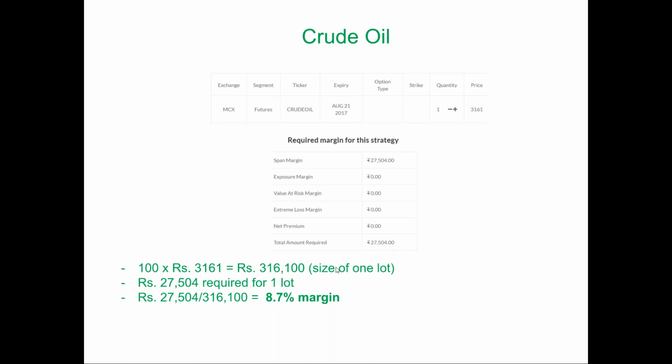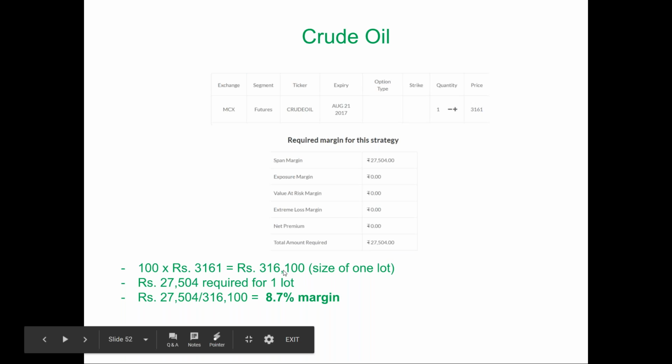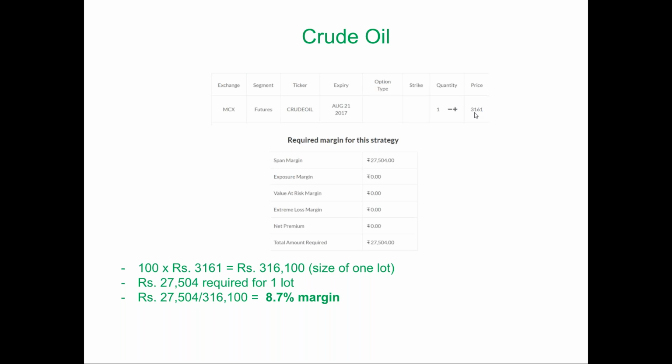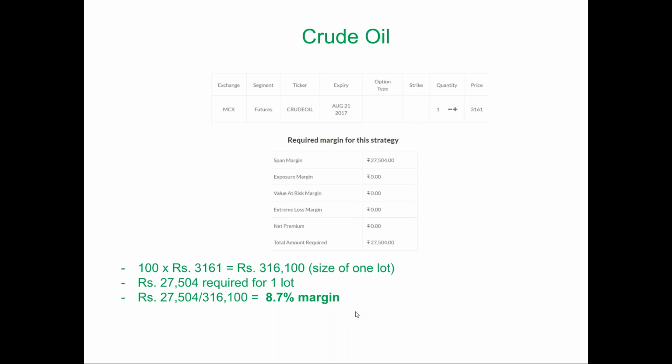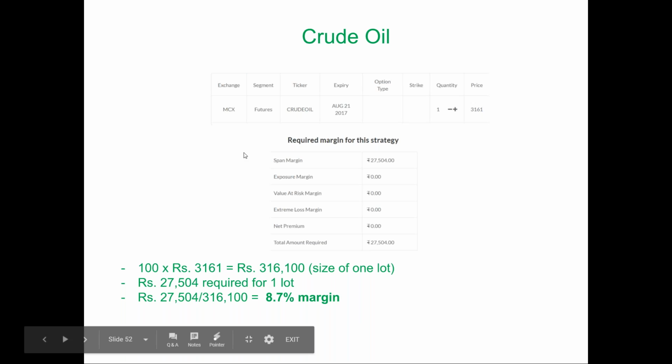But if you look at the actual turnover, the actual contract size, it's going to be 3,161 into 100, so that's basically 3.16 lakhs. Therefore, the margin you're getting is almost 9%. So it's not as good as gold, but you still only have to put up 8.7% margin.